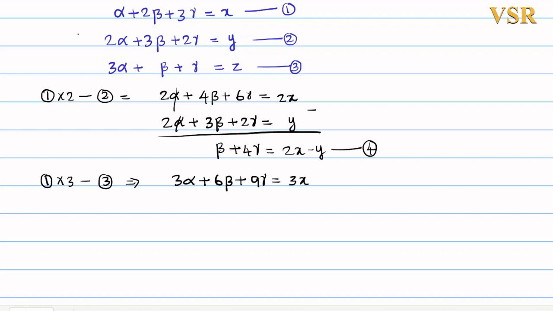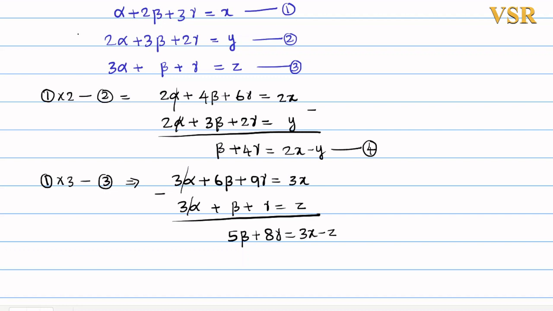The third equation is 3 alpha plus beta plus gamma equals z. Subtracting, the alpha terms get cancelled and we get 5 beta plus 8 gamma equals 3x minus z. This I make my fifth equation.